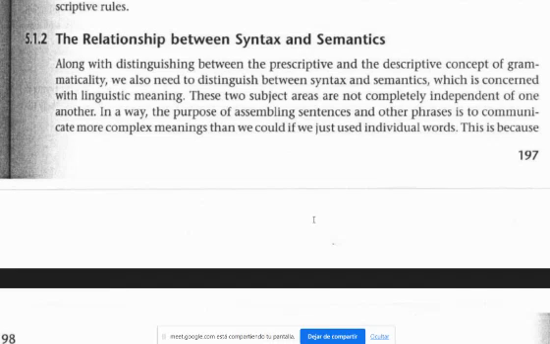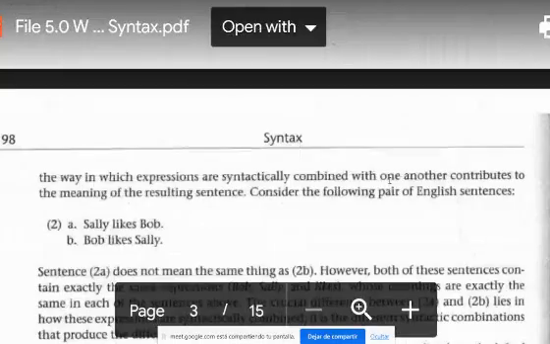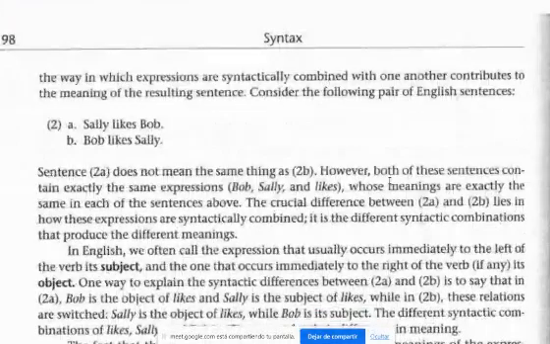In a way, the purpose of assembling sentences and other phrases is to communicate more complex meaning than we could if we used individual words. This is because the way in which expressions are syntactically combined with one another contributes to the meaning of the resulting sentence. Consider the following pair of English sentences.